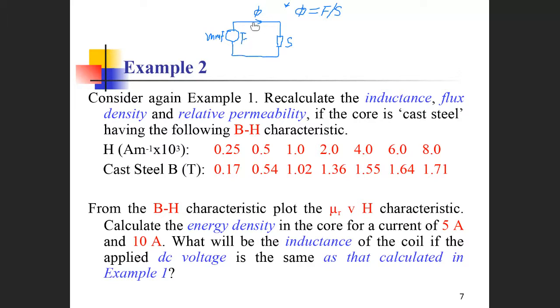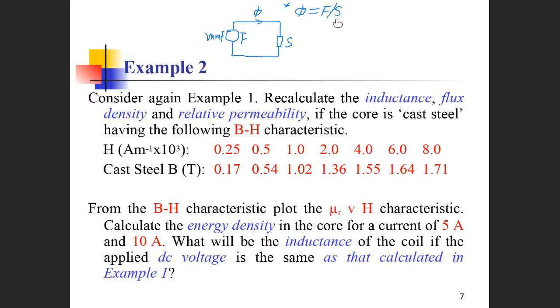The relationship between these three is phi equals F over S, where phi is very similar to the current, F is very similar to the electromotive force, the voltage, and S is very similar to the resistance in a DC circuit.